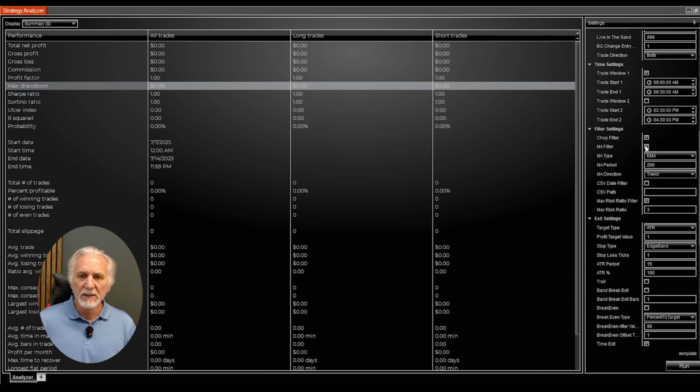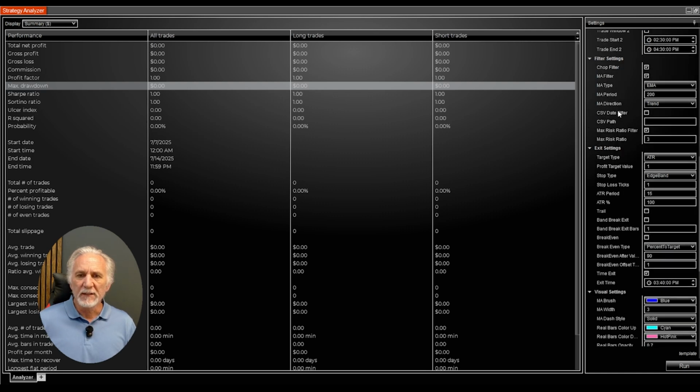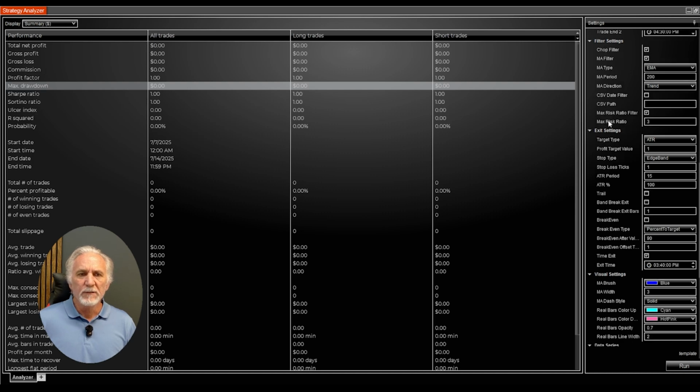Top filter, MA filter. We're going to use the MA filter for this test. We're not excluding any days, so this is going to include half day holidays, political days, tariff days, volatility days, the whole bit. We're not going to exclude any days to keep us out of really crazy candles, because we're using a max risk ratio filter this time of 3.